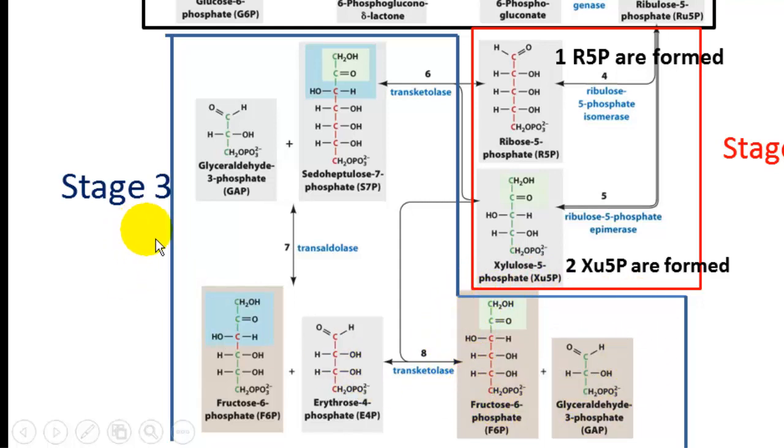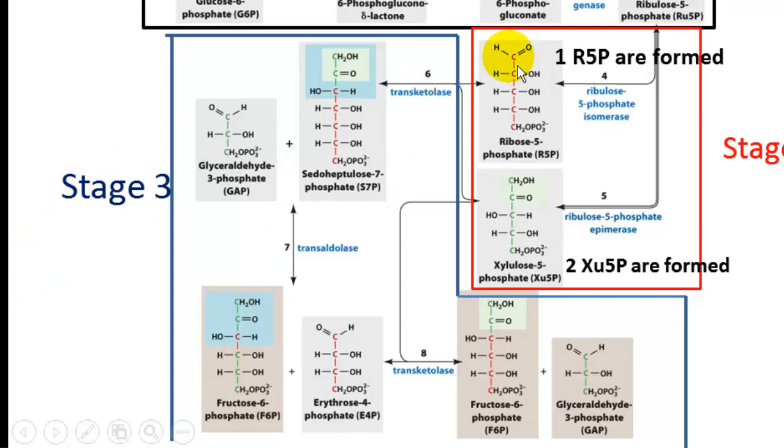So that's important. Stage 3, that equilibrium and that reversibility, gives the cell some flexibility, whether it wants to go to making DNA, RNA, or whether it wants to just fulfill flux through glycolysis. So let's talk a little bit about these carbon-carbon rearrangement reactions.